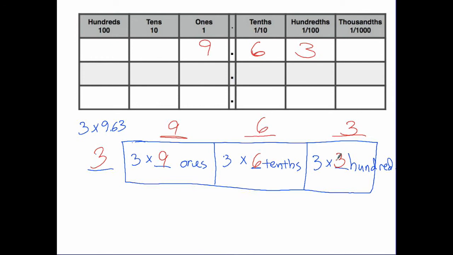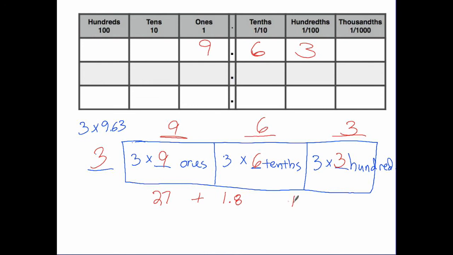Remember, if you want, you can do it like this. You can say 3 times 9, everybody? 27 plus 3 times 6? 18, but it's tenths. So how many numbers are going to be behind a decimal? 18. But you need to make sure you have one number behind a decimal.